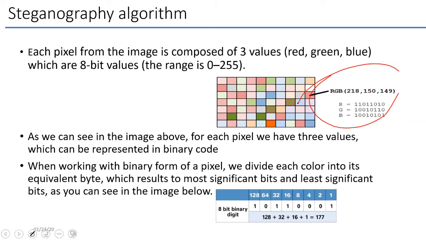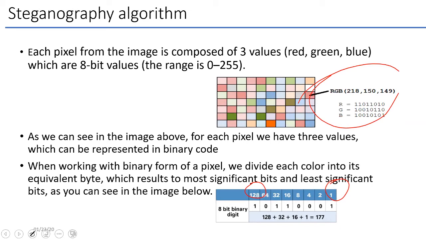A byte contains 8 bits, which have various values. For example, the rightmost bit represents the value 1, and that is called the least significant bit, meaning the significance is less there. The leftmost one represents a higher value. A change in the least significant bit, the rightmost bit, will not make much difference when you see the picture.